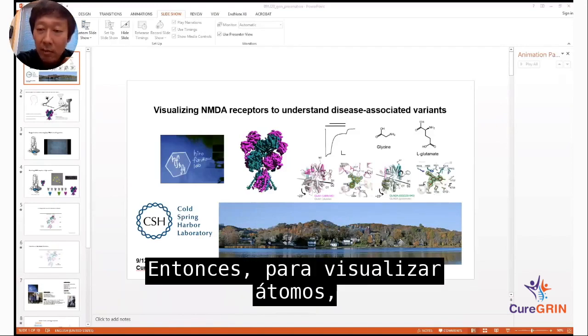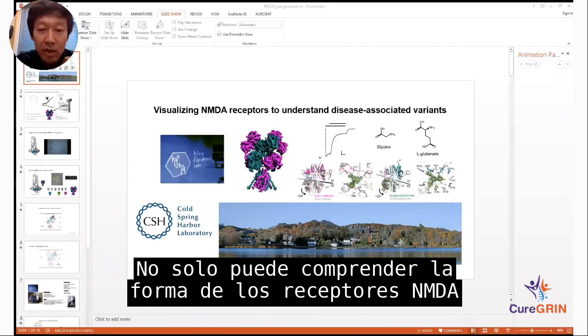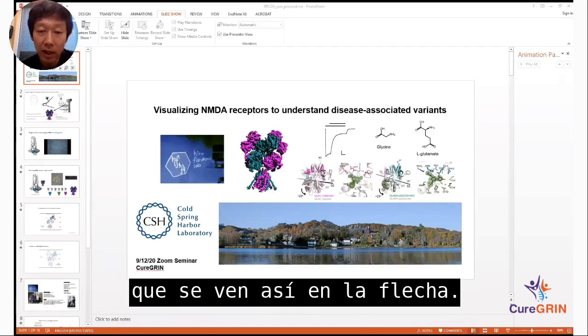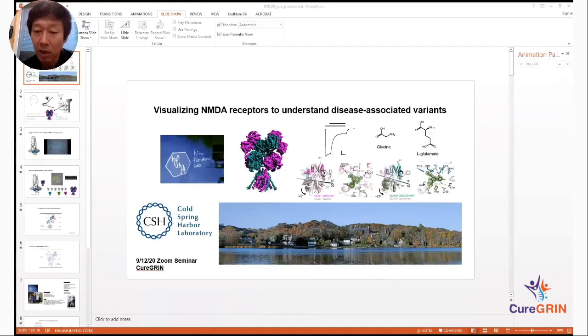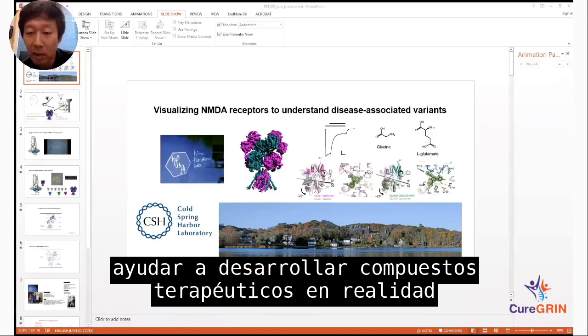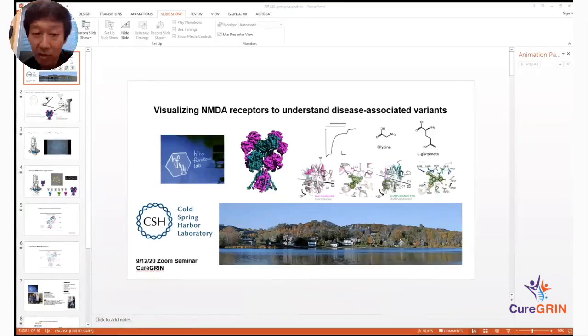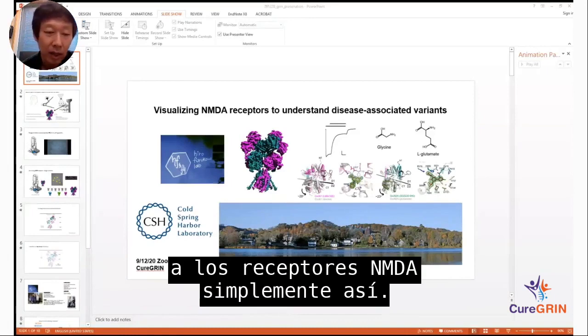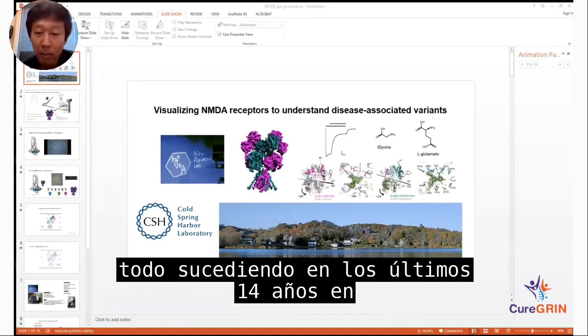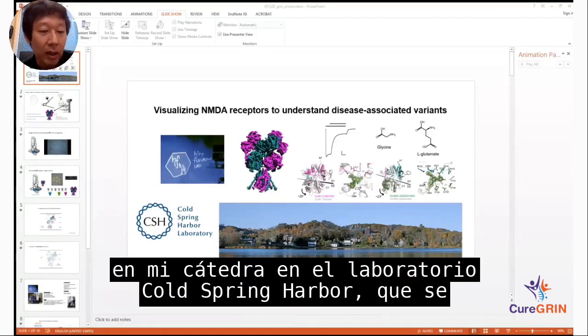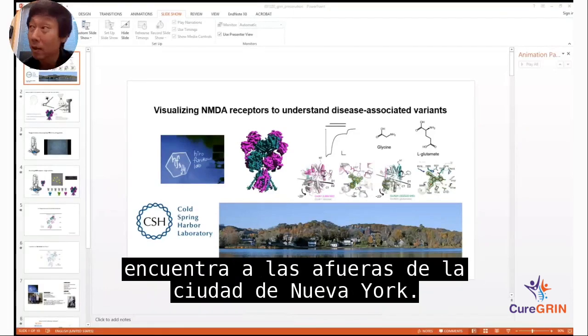So by visualizing atoms, you can not only understand the shape of NMDA receptors, which looks like that in the arrow, but you could also help develop therapeutic compounds. We could actually visualize compounds that are binding to NMDA receptors just like that. Again, this has all happened in the past 14 years of my professorship at Cold Spring Harbor Laboratory, which is right outside of New York City.